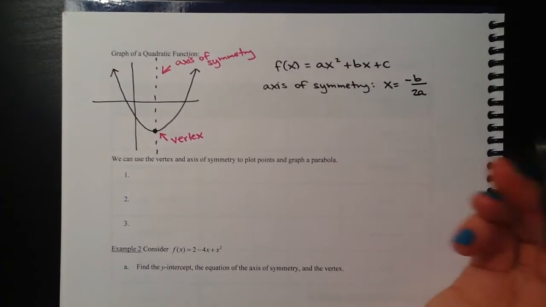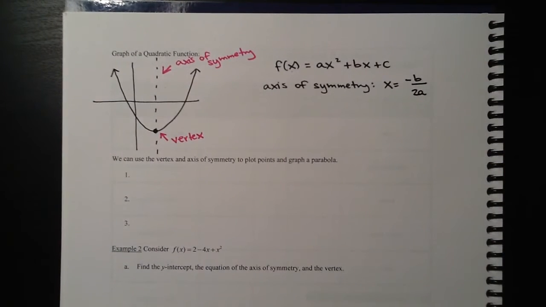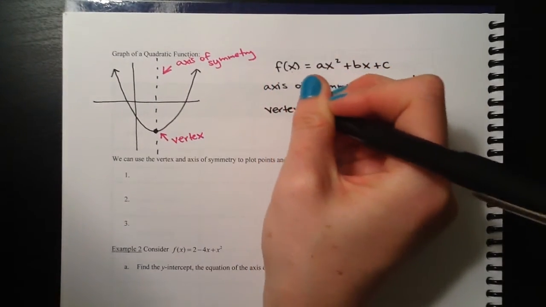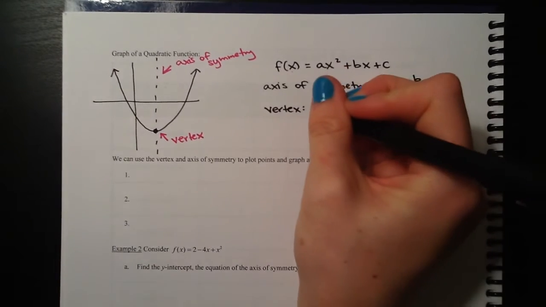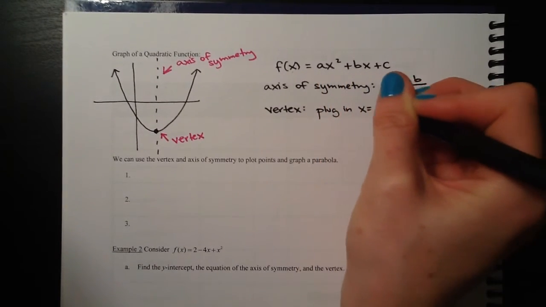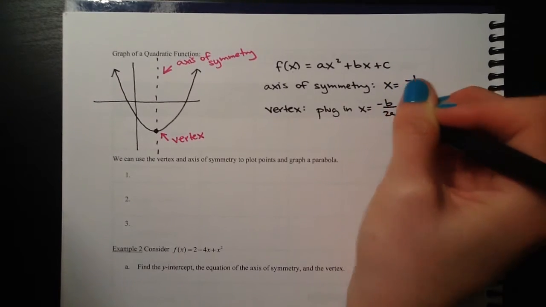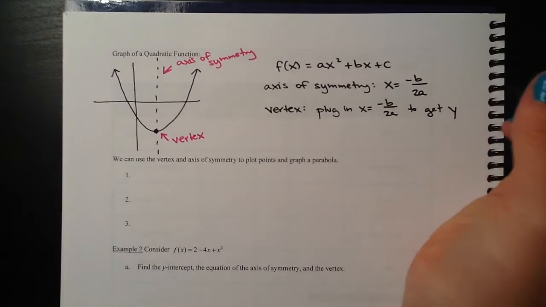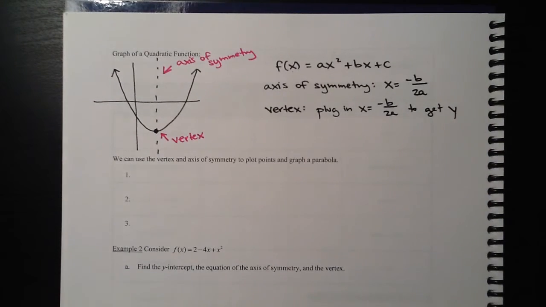That formula will give us our axis of symmetry. To find the vertex, this is our x coordinate, and then we plug in x equals negative b over 2a to get the y coordinate. And then we'll have the ordered pair that represents our vertex.